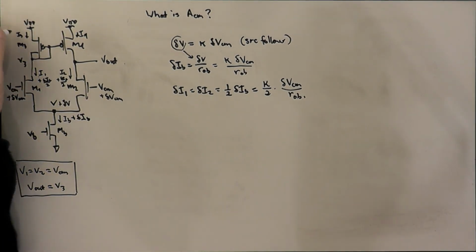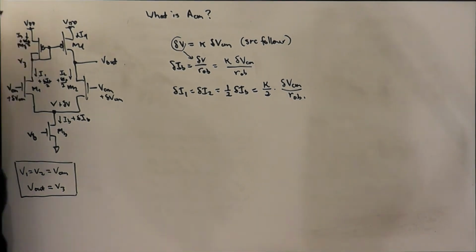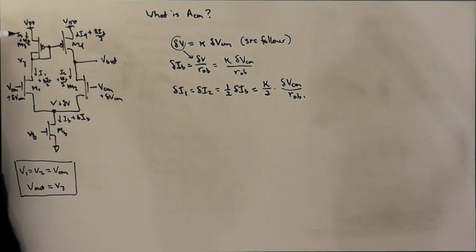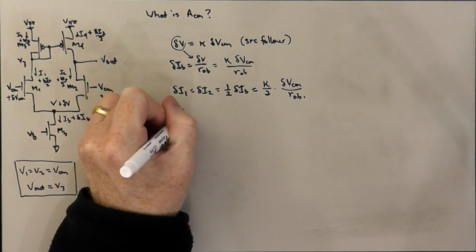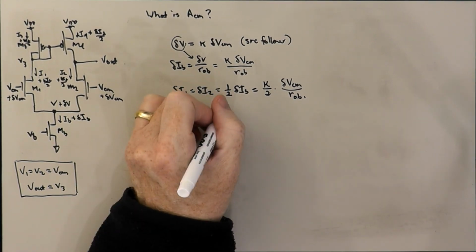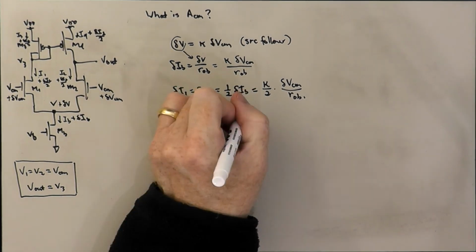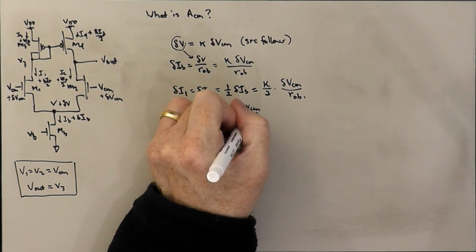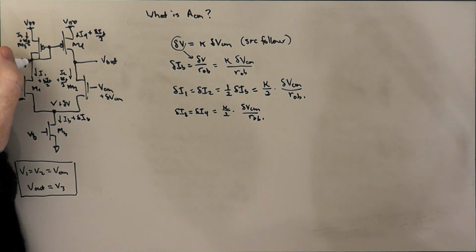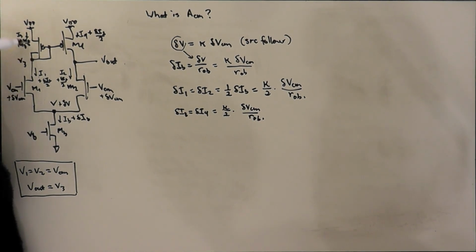Well, we're going to have the same increase in I3 and I4 as we had in I1 and I2. And so delta I3 equals delta I4 equals kappa over 2 times delta VCM over ROB. And now we have to ask, how is V3 going to have to change in order to allow more current to flow in it?